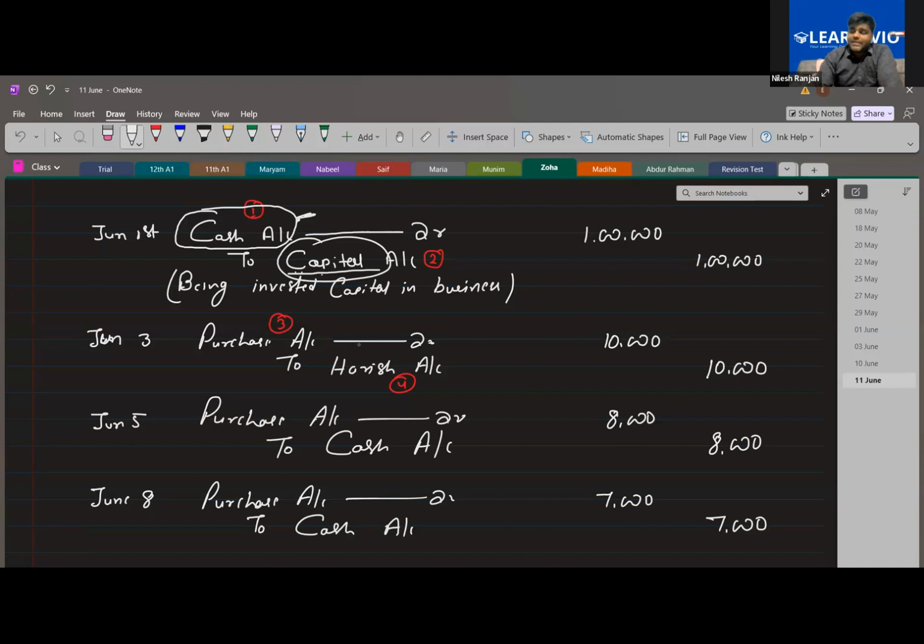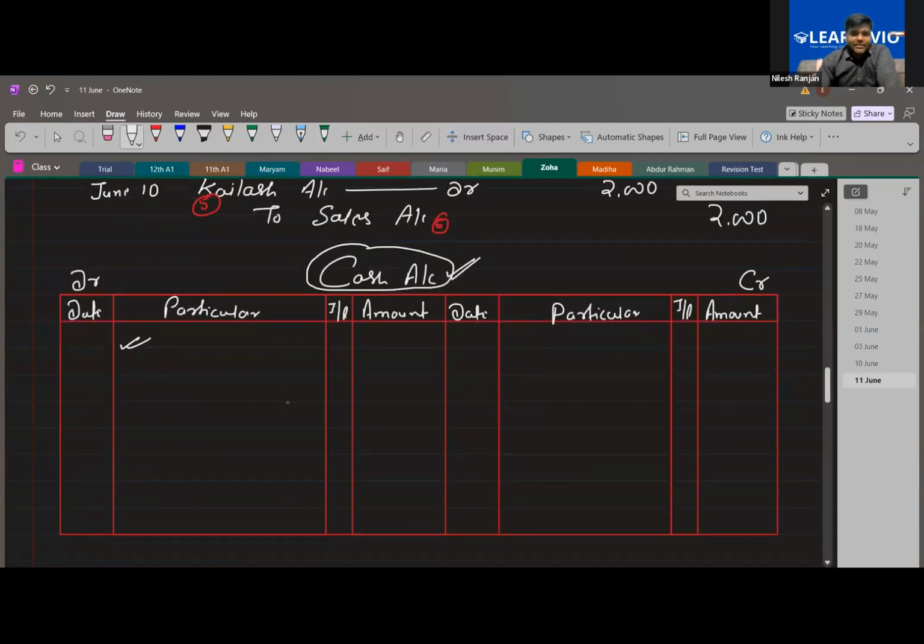The reason is again the same thing. The heading is cash account. It is assumed that if the name is cash account, then that should not be written here. It is not correct. Own name is not used in the account.